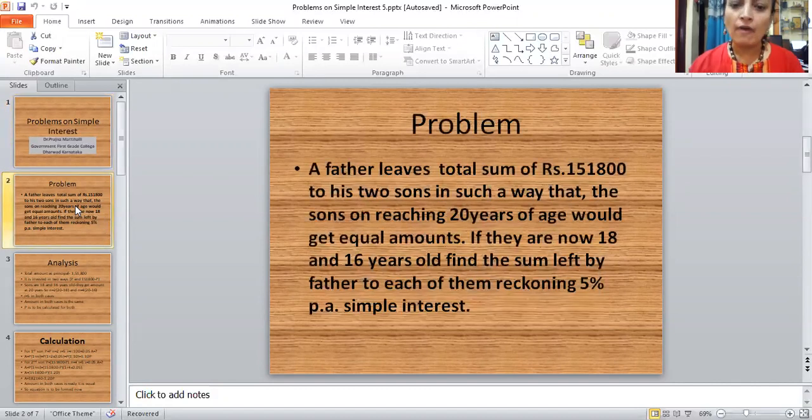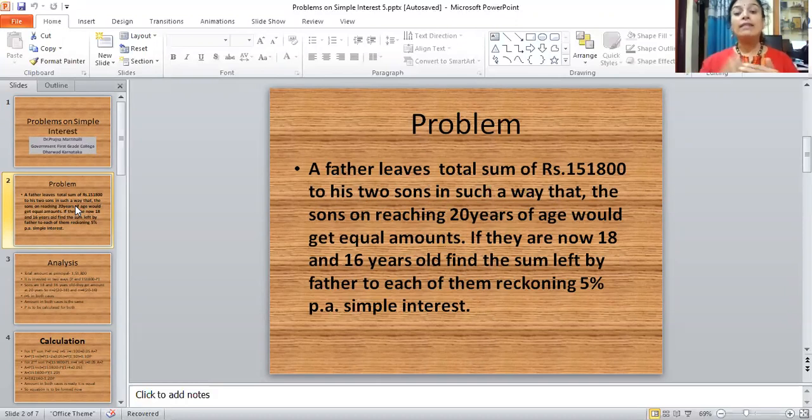Here, a father leaves a total sum of rupees 1,51,800 to his two sons in such a way that the sum is different here, and there are two sons.